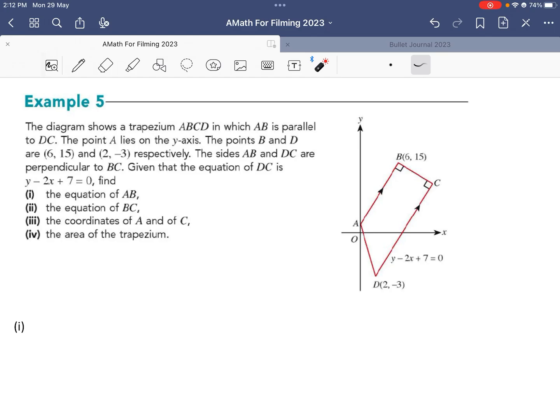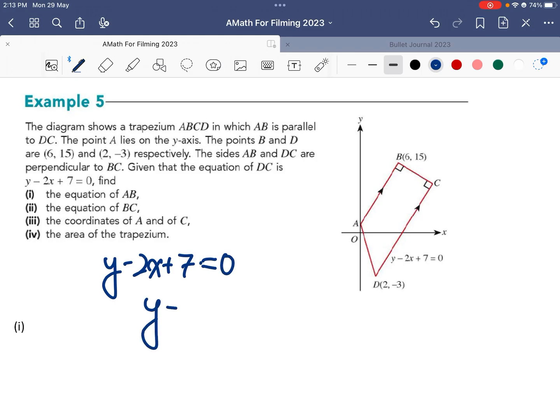equation of AB itself. Since I have the line DC, notice that DC is parallel to AB, which means that they have the same gradient. Now from DC, y minus 2x plus 7 equals 0, so y equals 2x minus 7.